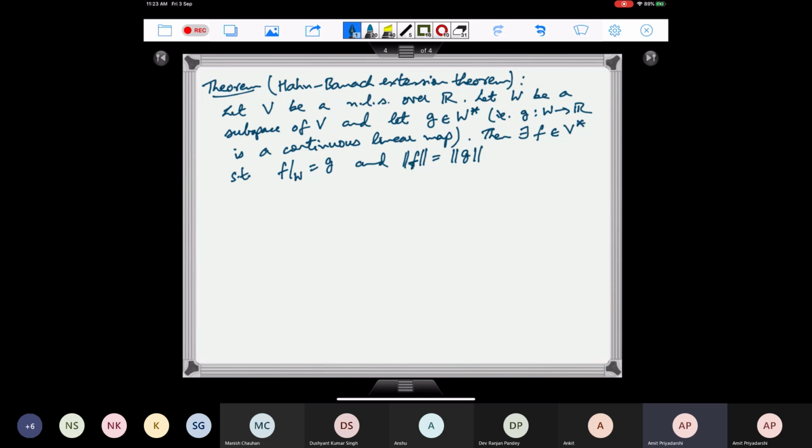So we get an extension F which is also a continuous linear map such that norm of F is the same as norm of g. So this is the theorem.